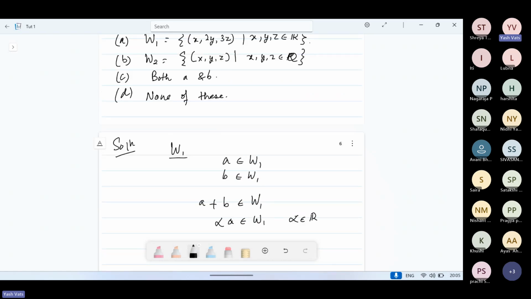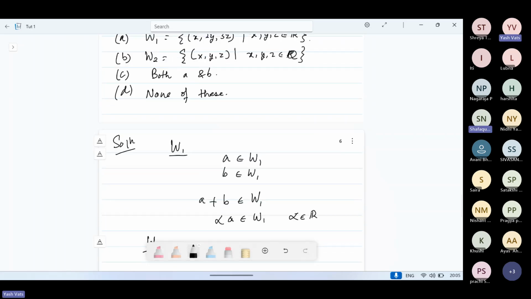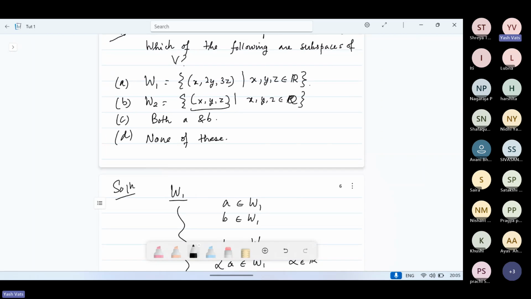Next, about W2. What is the problem with W2? Does it satisfy all the properties of a subspace? If you take any two elements from W2, (x, y, z), the sum of two elements from W2 is in W2, right?